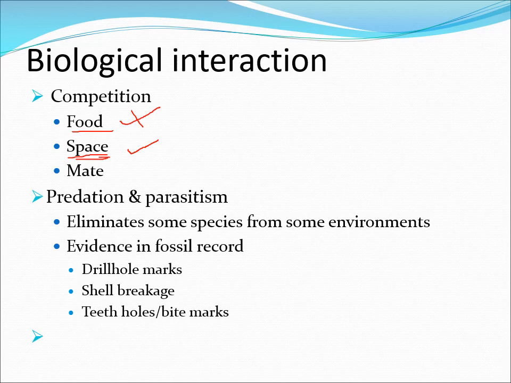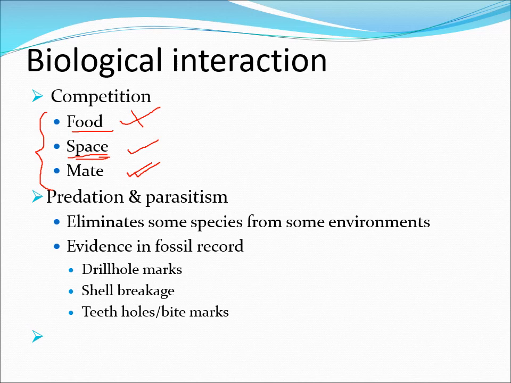And lastly, an organism requires a mate of the opposite sex so that they can reproduce and continue their biological gene pool, that is for mate. So for these three reasons, mainly, organisms interact with the environment as well as with other organisms. These are the main three reasons.